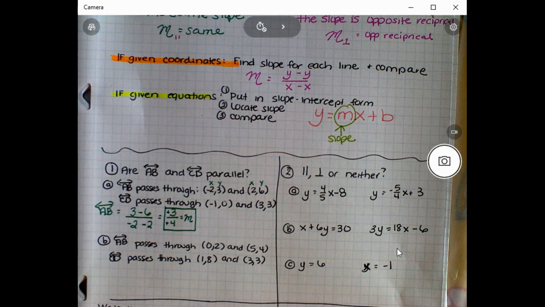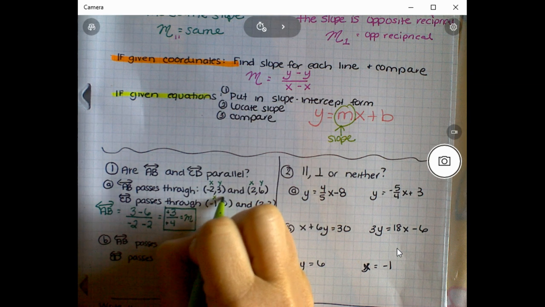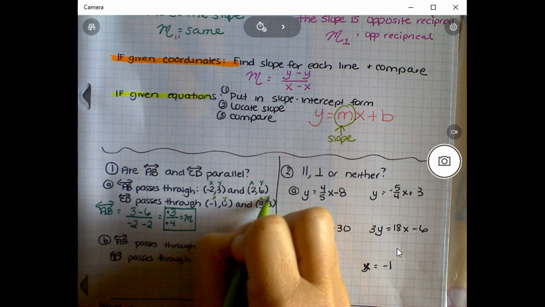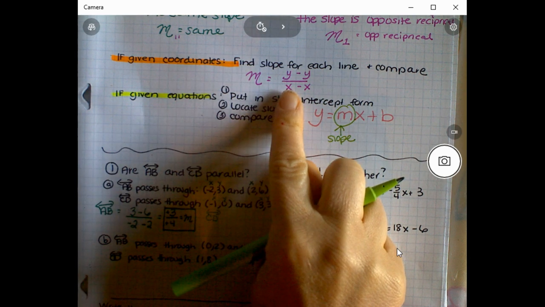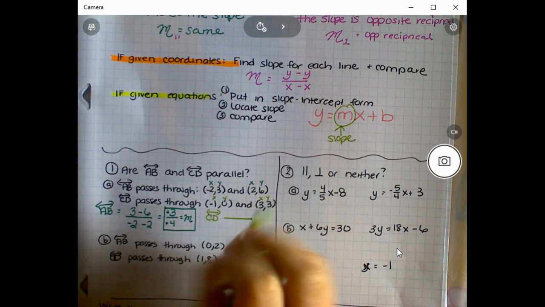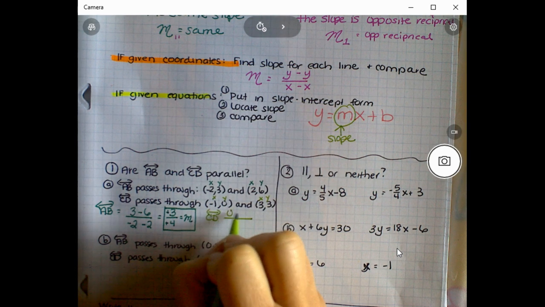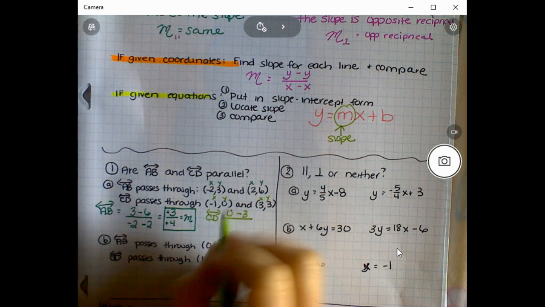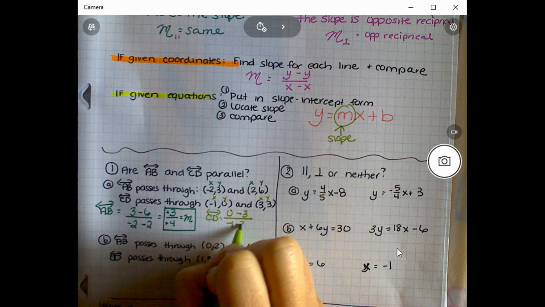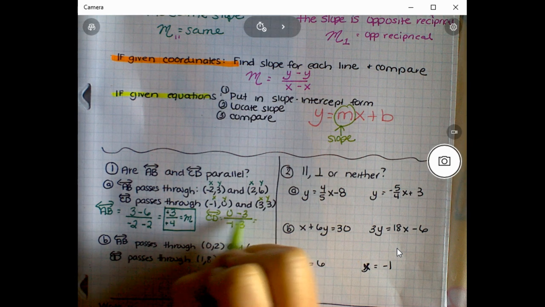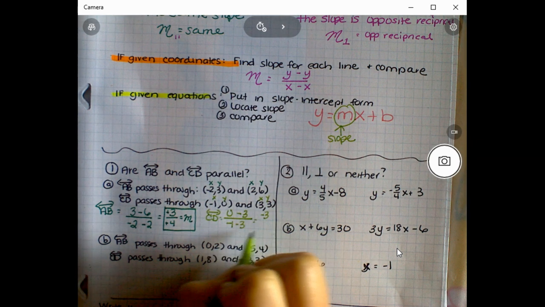All right, we're going to do that process again, this time for CD. Again, x, y. For CD, we're going to use that same formula. Y, 0, minus y, 3, over x, negative 1, minus x, 3. 0 minus 3 is negative 3.